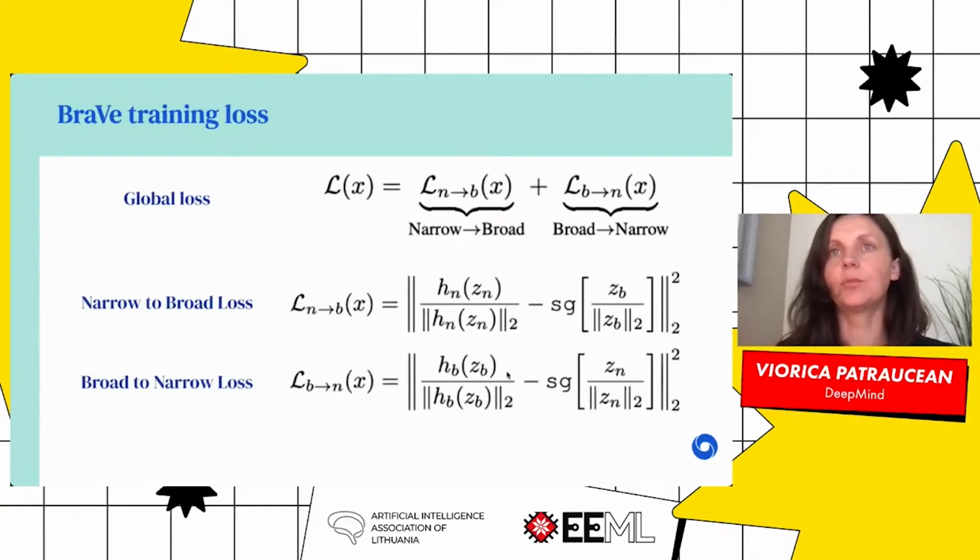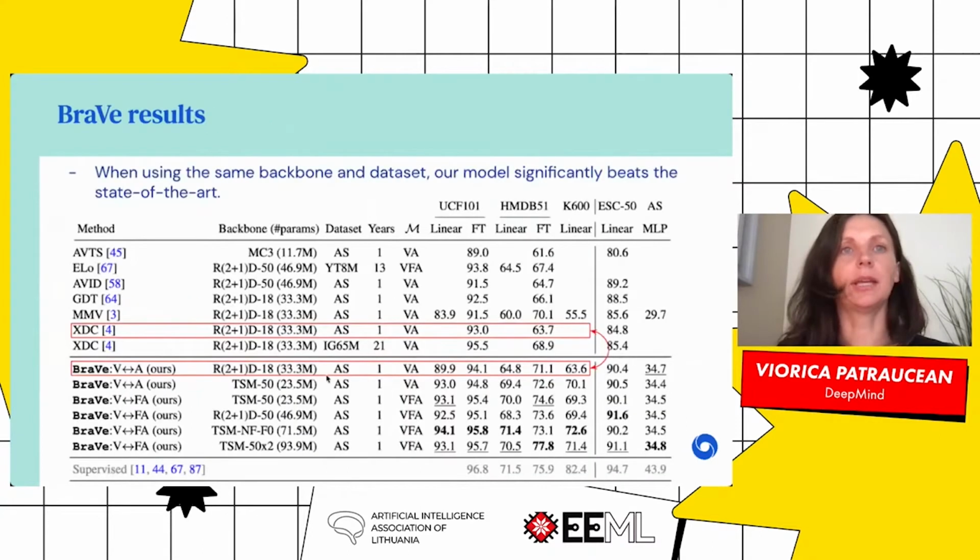In each term, on one branch we stop the gradients, because otherwise the learning would collapse. And this kind of approach leads to really good performance, so state-of-the-art results on video and audio data sets.